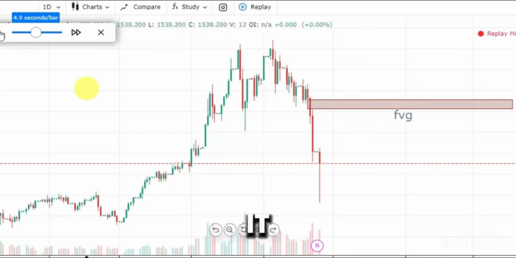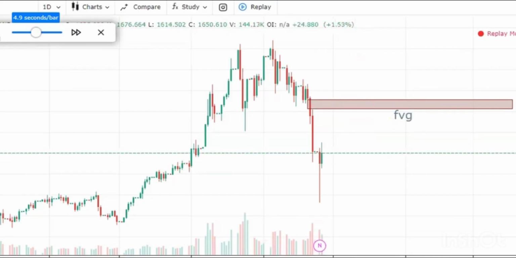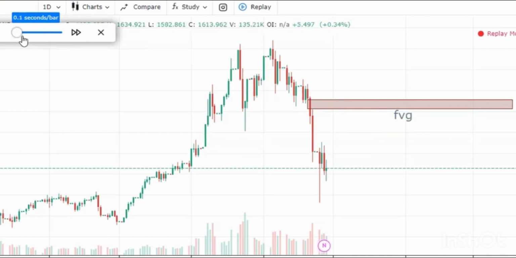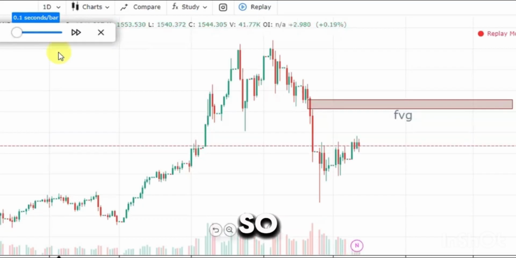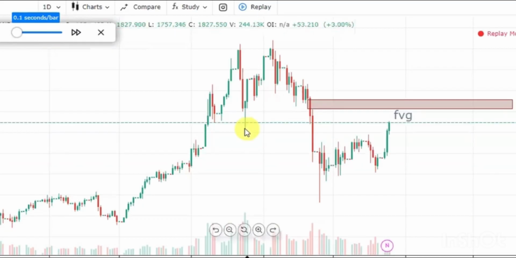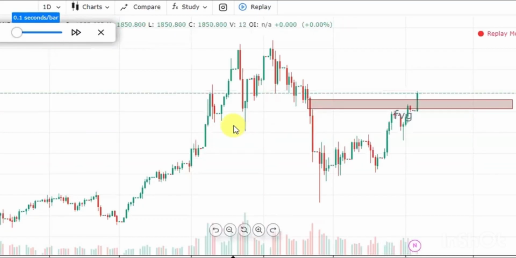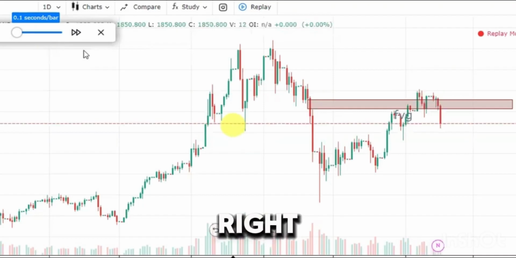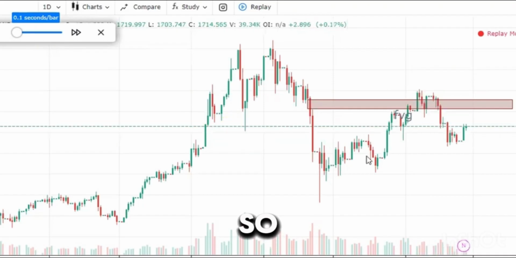Right, so we're going to play it out. All right, so we're playing it out. Price comes in, boom. It's not always going to be a clean tap in, but you can always look out for these areas.